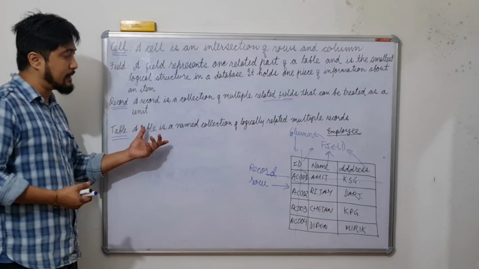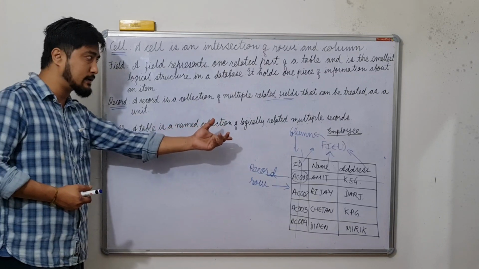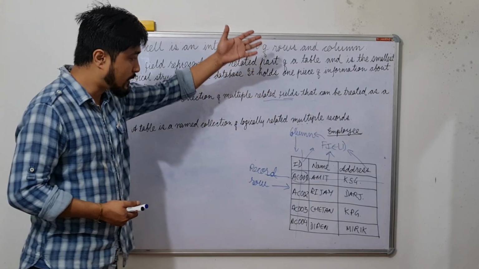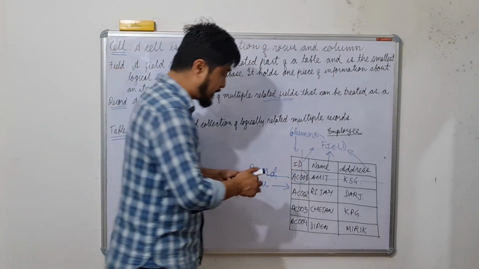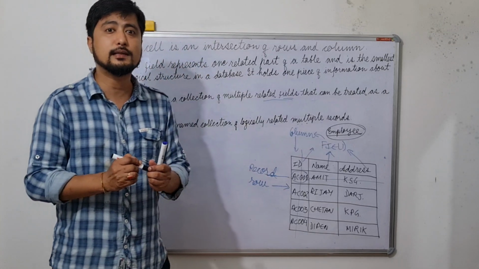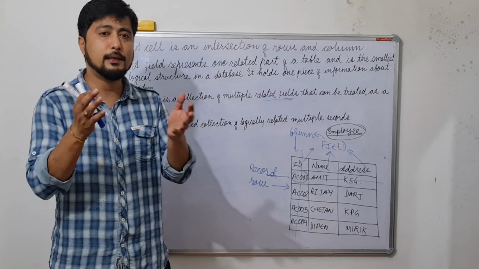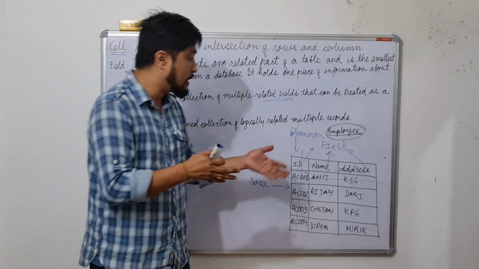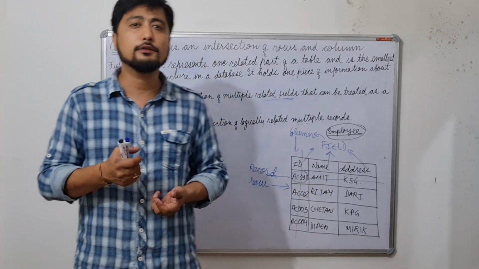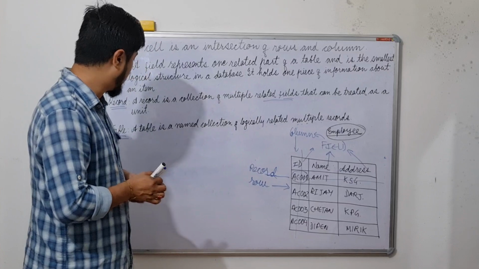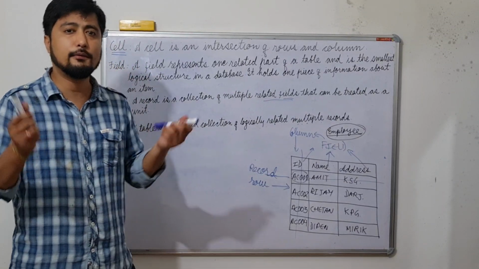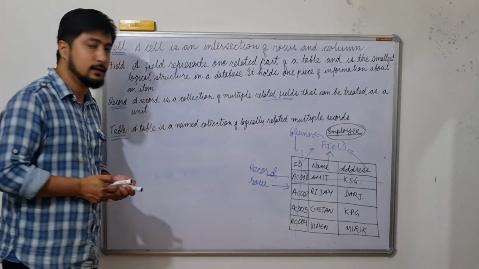The name of this table is employee. So a table is a collection of rows and columns under which the interrelated values are stored. Okay, so these are some of the terminologies that we will use while studying this chapter.